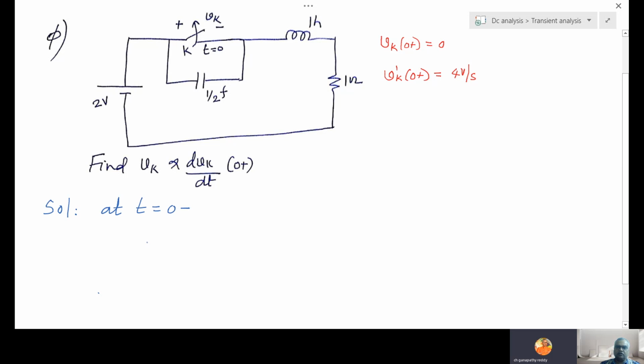0 minus is always steady state. And here switch is what, closed or open? Open at 0, so closed at 0 minus. Therefore, switch is closed and in steady state the inductor is short.